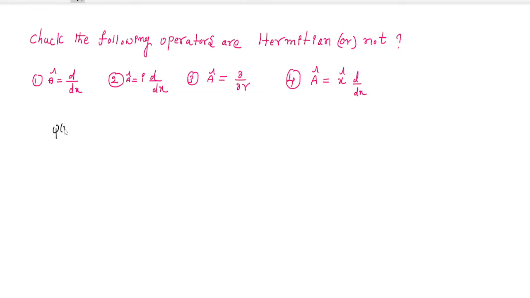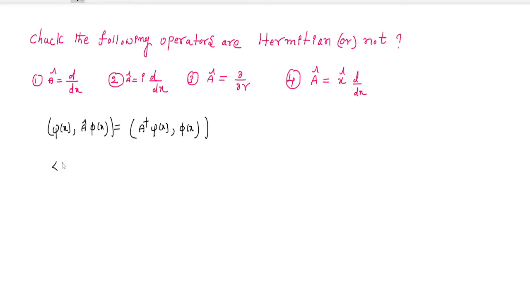Two inner products of vectors: psi of x, A phi of x, equal to A dagger psi of x and phi of x. So this is the definition of a Hermitian operator, right?